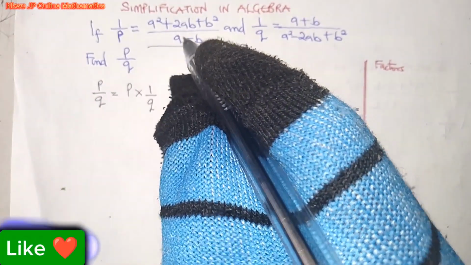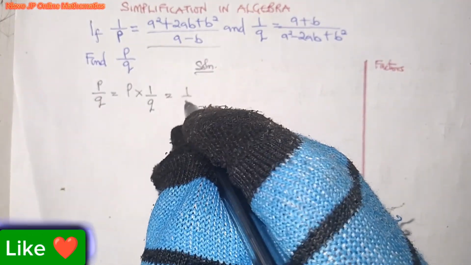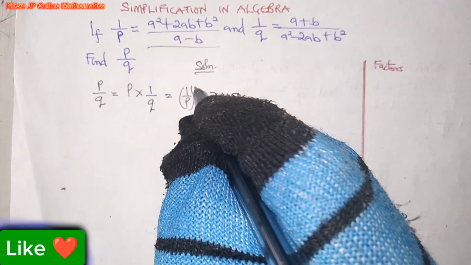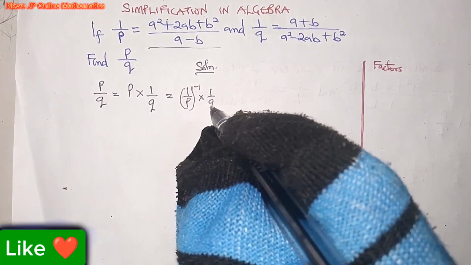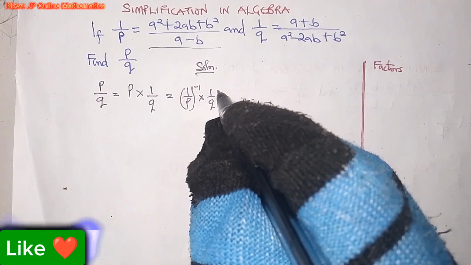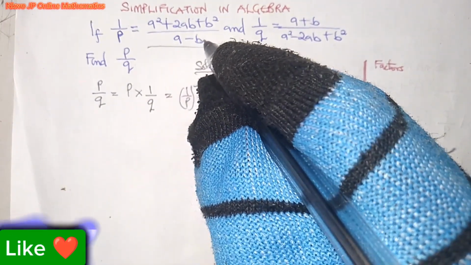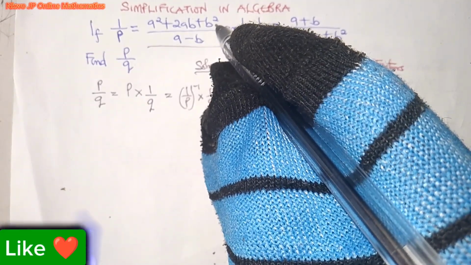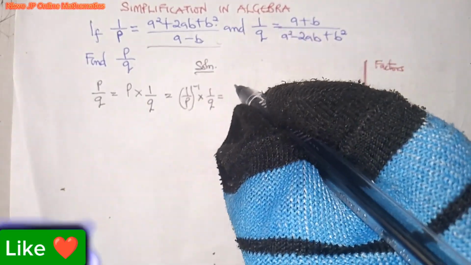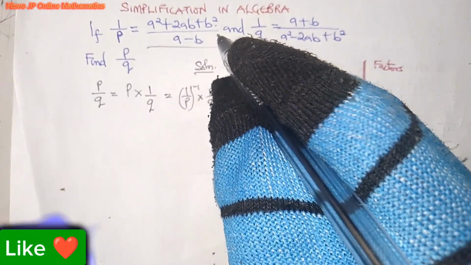So if we find the inverse of this, we are going to have p inverse multiplied by the inverse of q, and this is the inverse of this, that is the denominator becomes the numerator and the numerator now becomes the denominator after determining the inverse of this.